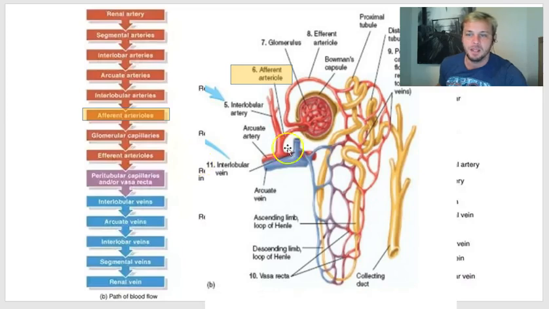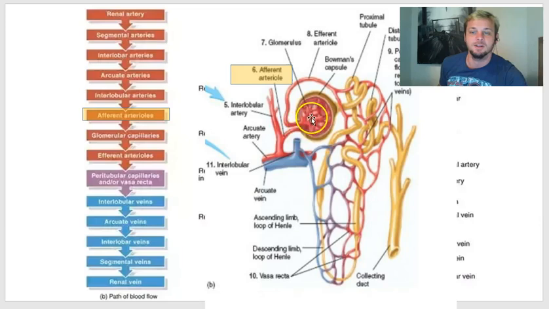This is the only place in the body that I know of that you have an afferent and efferent arteriole after a capillary bed. Normally when you have a capillary bed, it's going to be artery and then vein, but not here in the nephron.